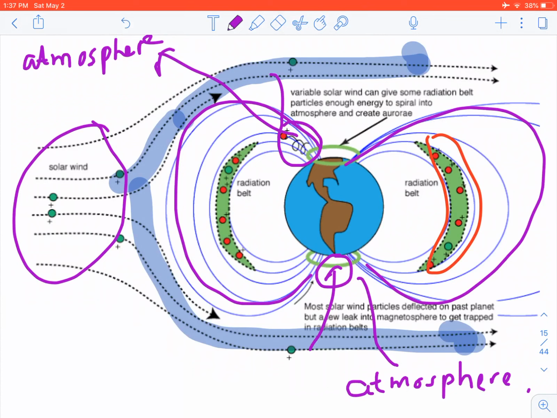But sometimes what also happens is that some of these solar winds escape and they are then captured within the magnetic field of the Earth here, and we find that they form belts of radiation.